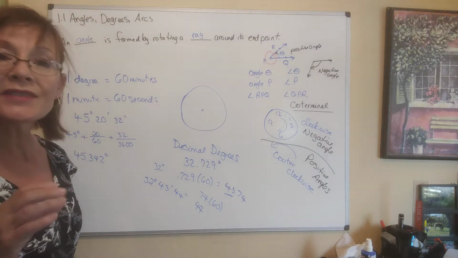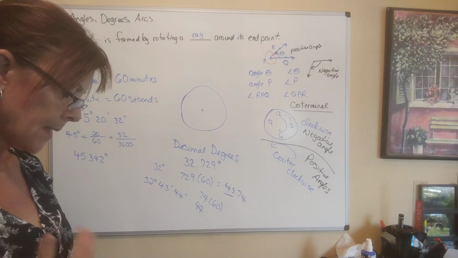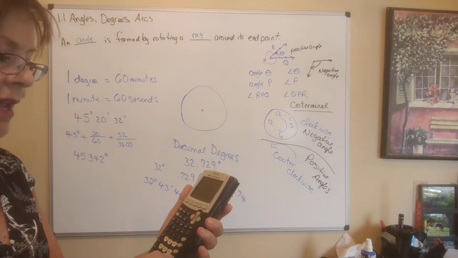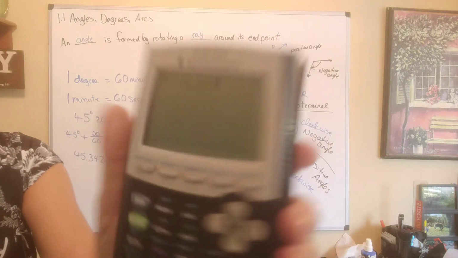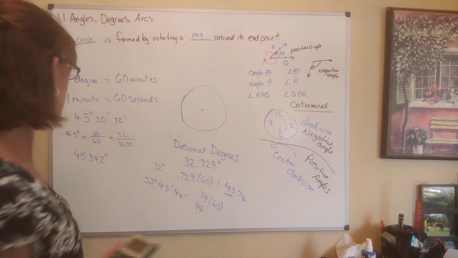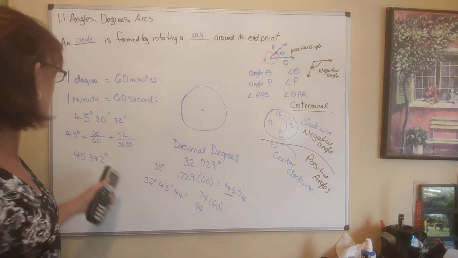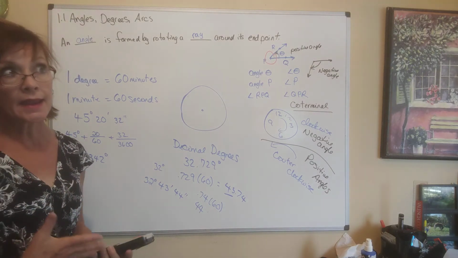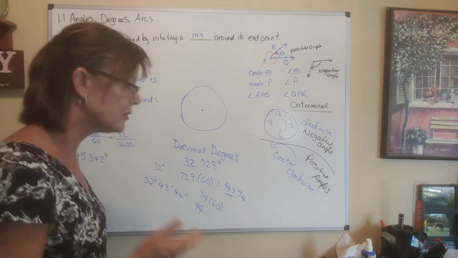And so the second symbol is not in the same place. You have to hit the alpha button, which on my calculator is green, and then the plus symbol. And that would give me the seconds. And so I hit enter, and that gives me 45.342 repeating, and I rounded it to the third. So that's how you can convert by hand, also by calculator. I want to make sure you knew how to do that.